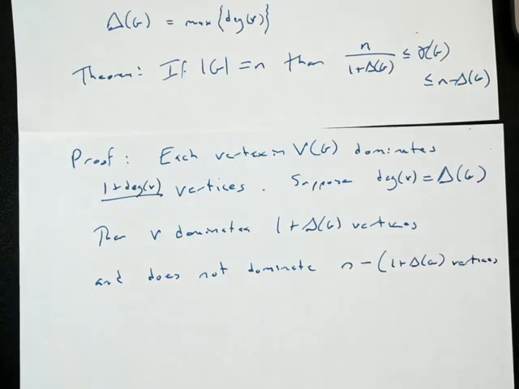The worst of all possible situations is that those remaining vertices are all what? The worst thing for domination.